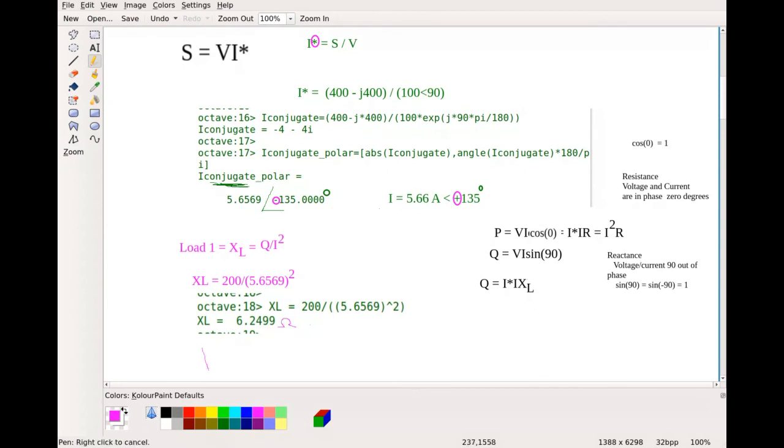The voltage across this inductor is the current through it times the J X of L. So we have J times X of L times that current.